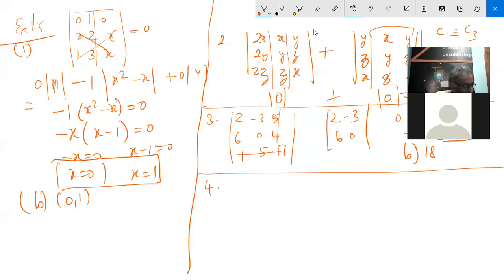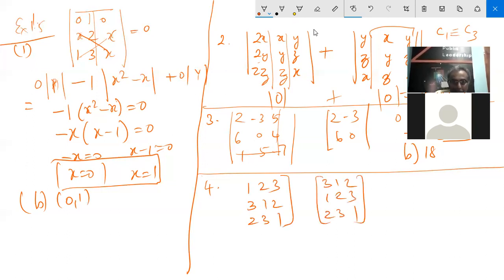They have taken the first row to the second row. So you have made 1, 2, 3, 3, 1, 2, 2, 3, 1. Instead of that, you are now doing 3, 1, 2, 1, 2, 3, 2, 3, 1. So this is a property of the determinant.